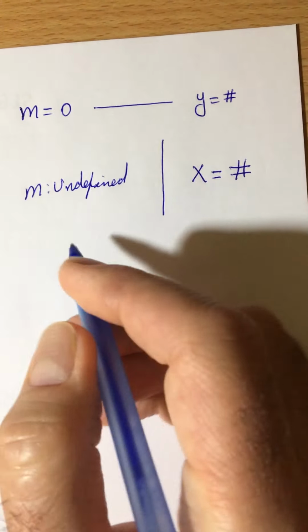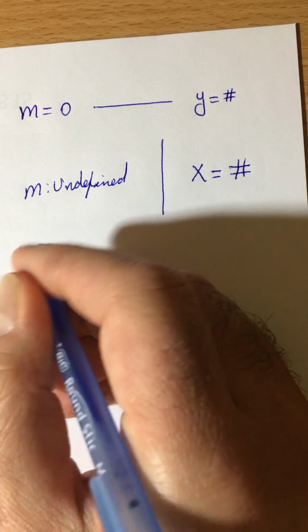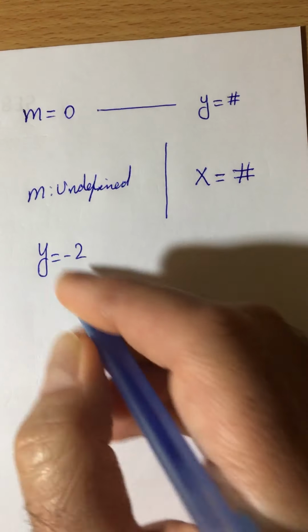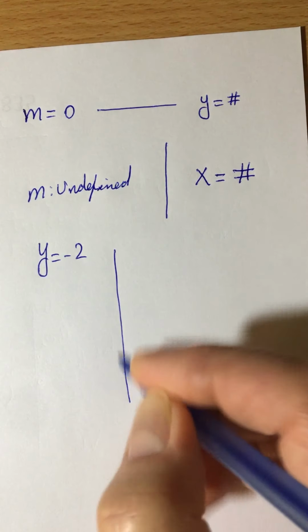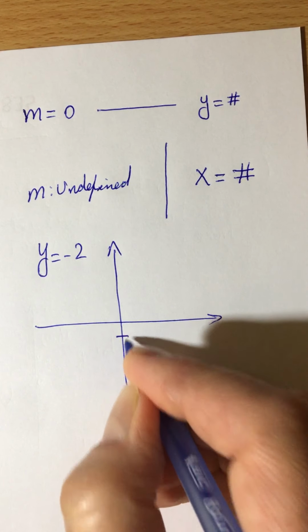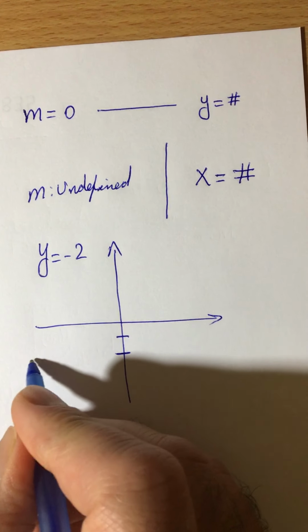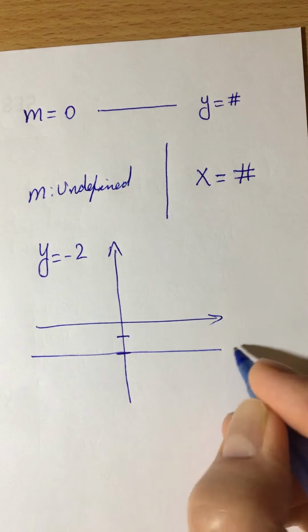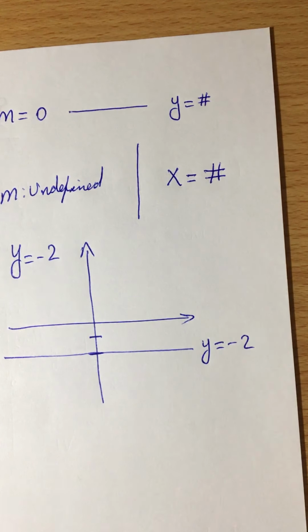So, for example, if I give you y equals negative 2, and I say graph it, you go to the y-axis, you locate negative 2, and you draw a horizontal line. And there you go, that's the graph of the equation y equals negative 2. And the slope of that line, you don't even have to calculate it. If it's a horizontal line, boom, it's automatically 0.